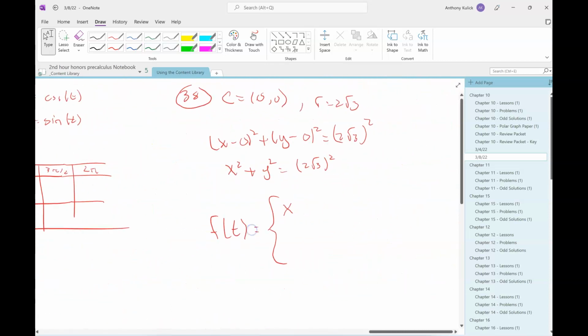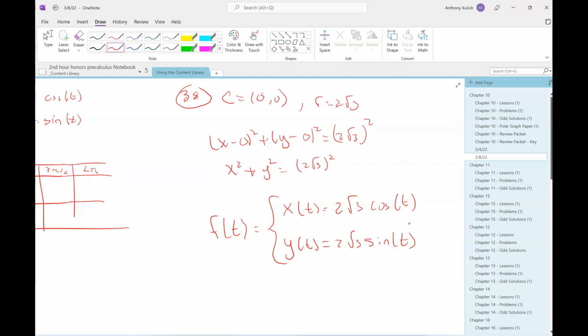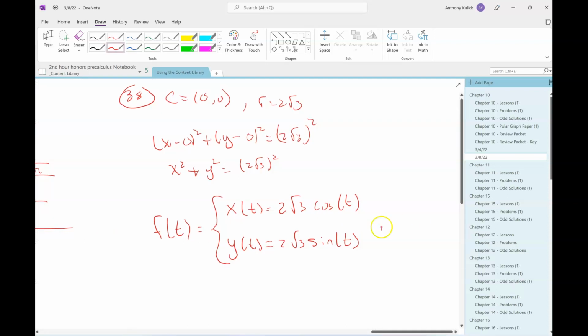So all I need to do here is radius times cosine t, and then radius times sine t. And if you made both of the radii negative, that would be fine, or if they're both positive, that would be fine. They're both equivalent. There is more than one parameterization that you could use on this, but this is the most obvious one to do.